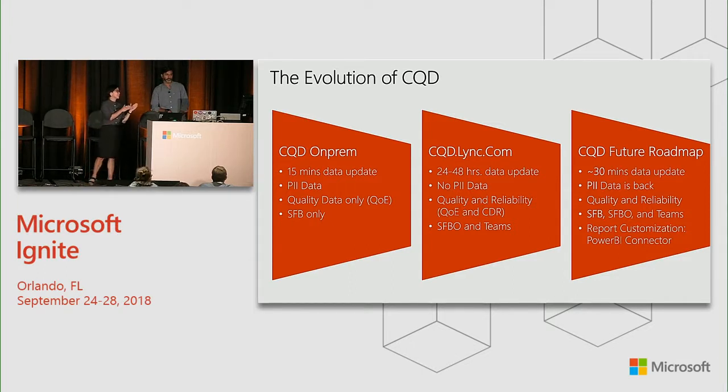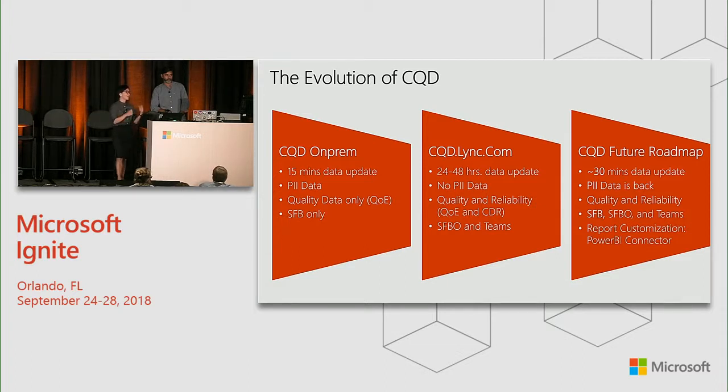The difference between CQD on-prem and CQD online, the middle part, is we start having the reliability data, not just the QE data. And the future roadmap, the interesting part that I would like to share with you, is we are going to have lower latency, closer to 30 minutes, and PII data is back.